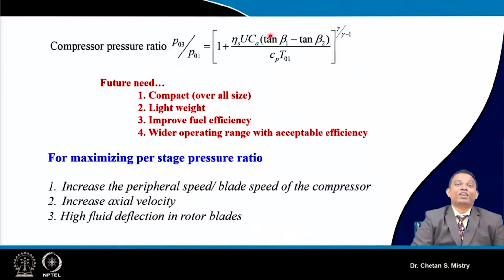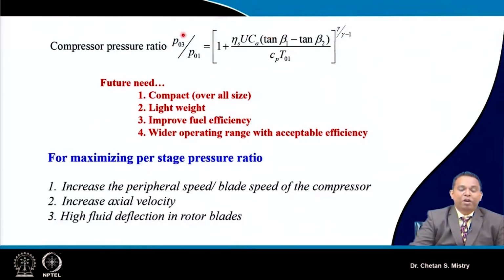When we reduce the number of stages of the compressor, we basically reduce the weight of the engine. That means we reduce the drag, and that helps our fuel economy. So our requirement is to maximize our compression ratio.